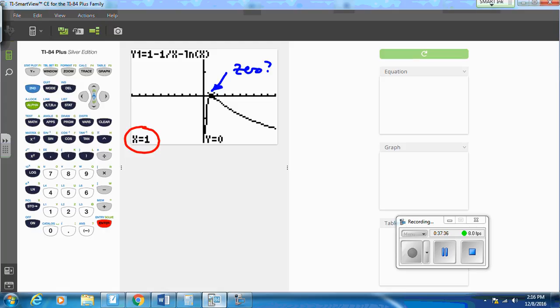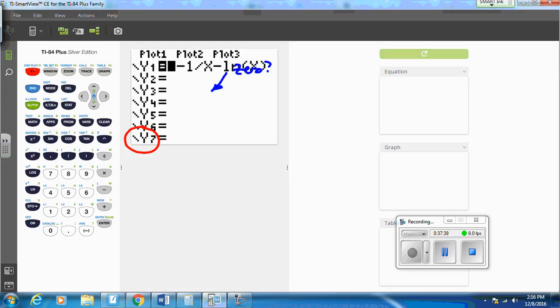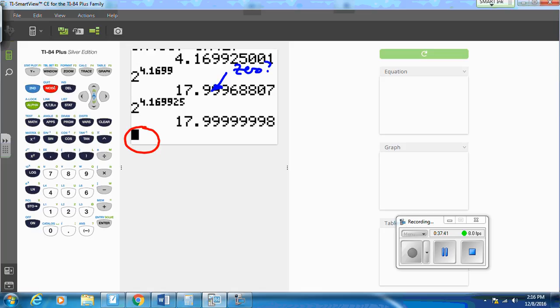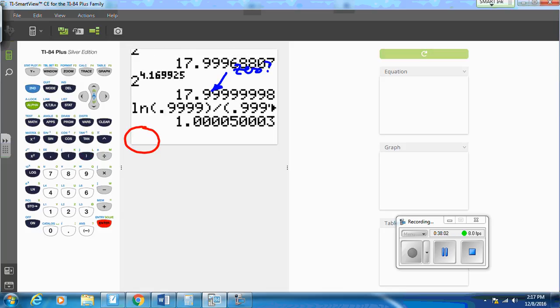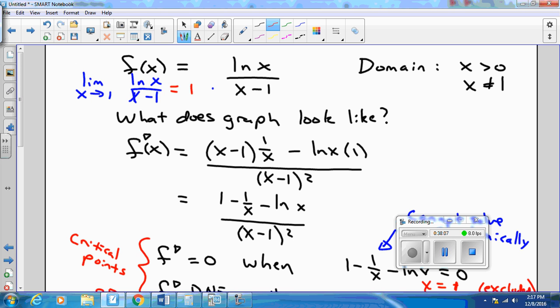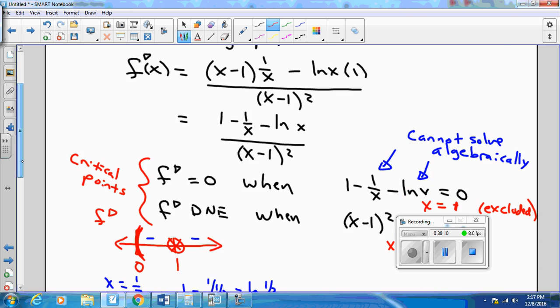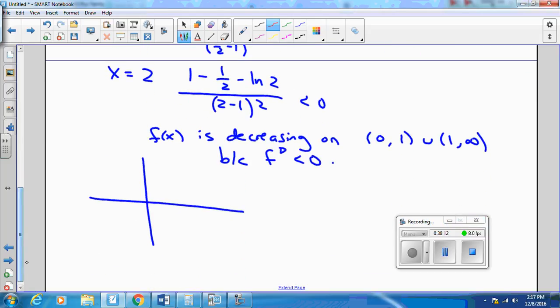But if I were to take a number that is close to 1, such as 0.9999, and compute the natural log of 0.9999 over 0.9999 minus 1 to estimate the value of the limit, then I get something that's very close to 1. And so because the value for that limit appears to be 1, that leads me to conclude that I have a hole in my graph.